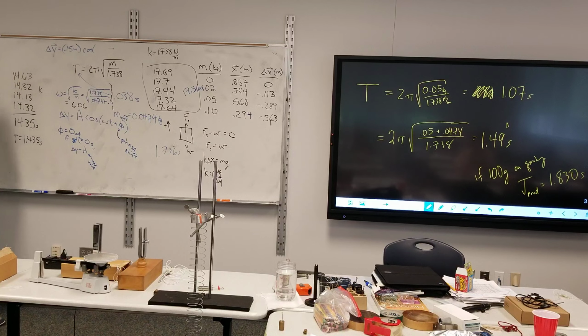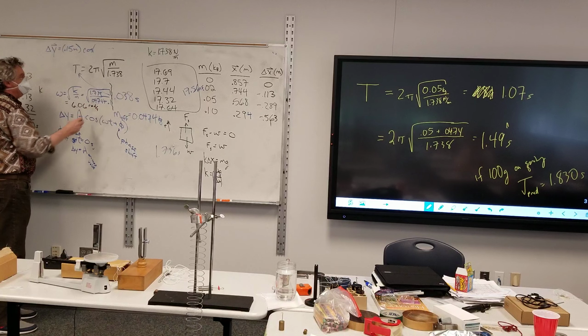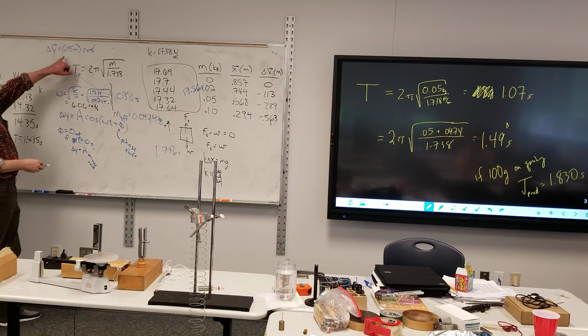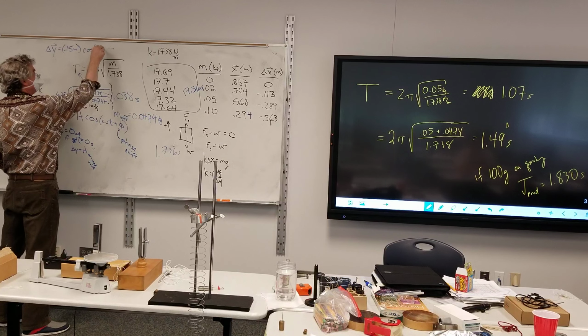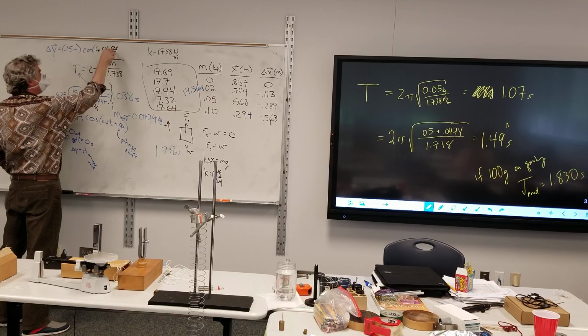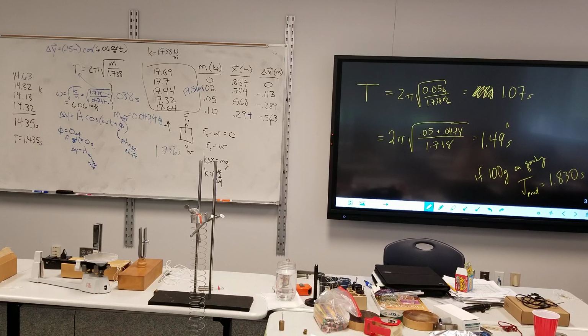Units? Radians per second. Yes. So our equation becomes our amplitude, how far I pushed it off of equilibrium, times the cosine of 6.06 radians per second times time plus 0, since I started it at the maximum value.